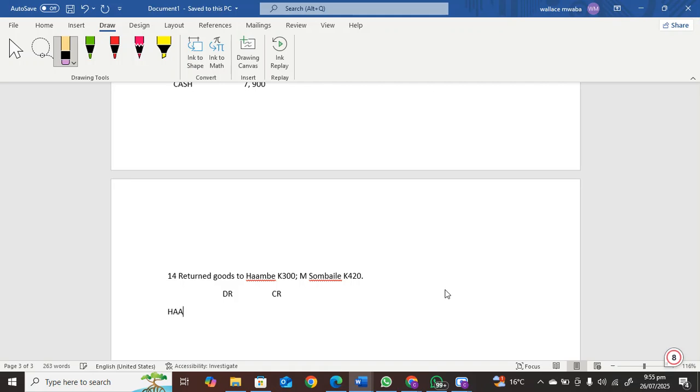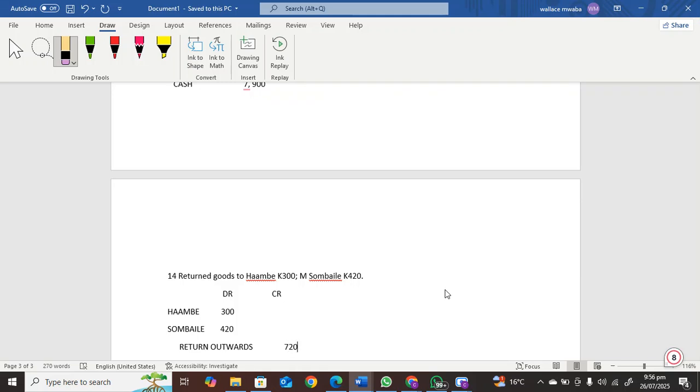So Hambe debit 300, reduction in liability, debit. Sombaile debit 420. Then return outwards, credit 720.